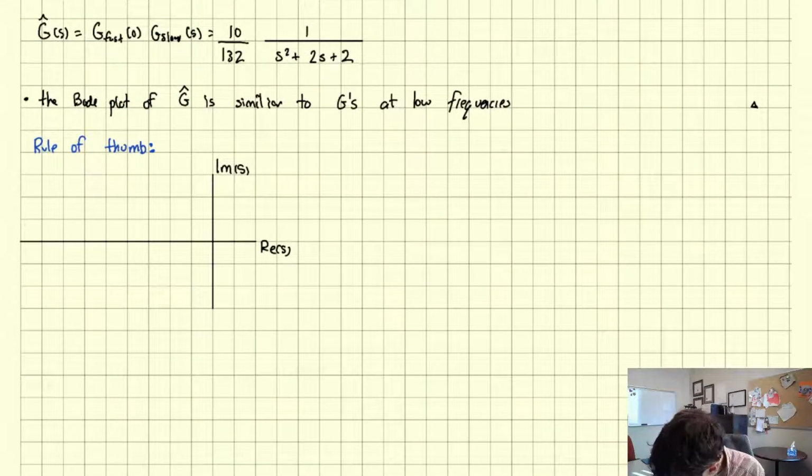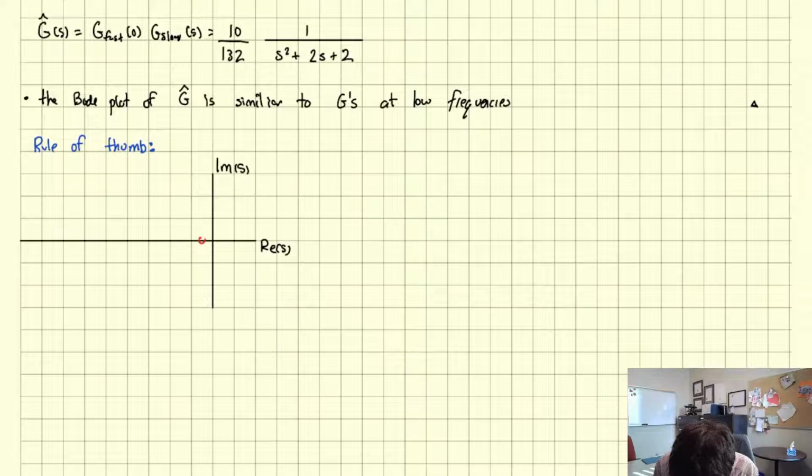Suppose you've got a system that looks like this. We've got some poles close to the imaginary axis, and then this other group over here.